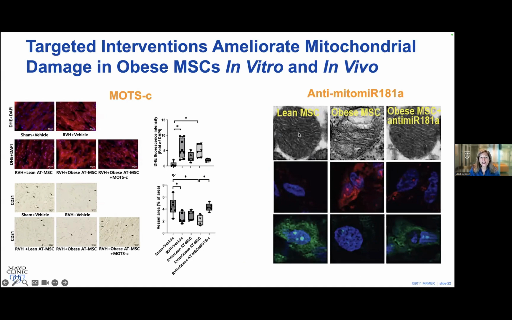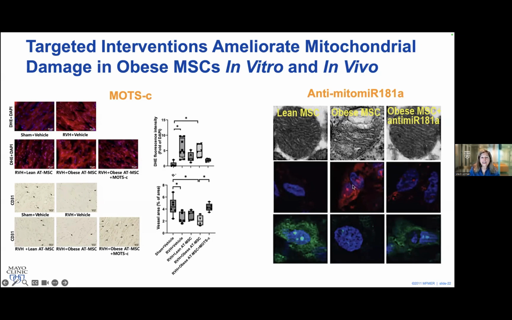You can see again TEM images on the top showing again the swelling of the obese MSC and the loss of cristae structure. And you can see that even visually, treatment with obese MSC that have been pre-incubated with anti-miR-181a restores the structure of these obese MSCs. In the middle panel, you can see again the staining for MitoSOX that indicates oxidative stress in the mitochondria.